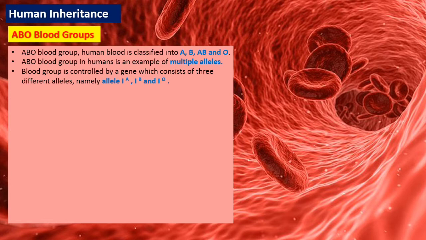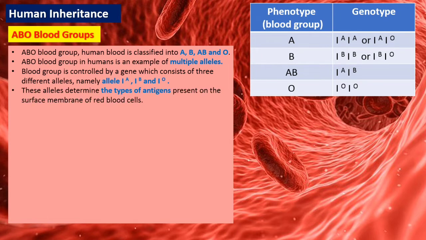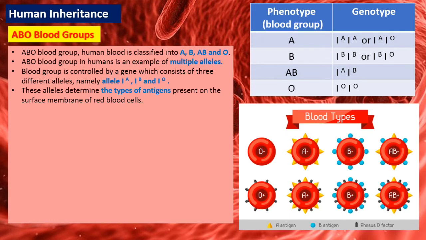These alleles determine the type of antigen present on the surface membrane of the red blood cell. So look at the picture. This is a diagram to show the antigens found on the surface of the red blood cell.